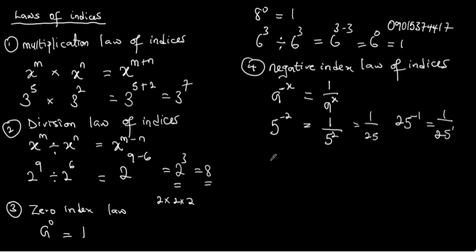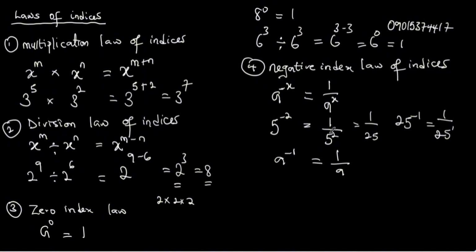So if I have a raised to power minus 1, for example, it's equal to 1 over a, because a raised to power 1 is the same thing as a. So if I have any base raised to the negative index, the result is the reciprocal of that base and its positive index.